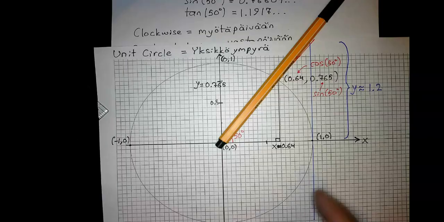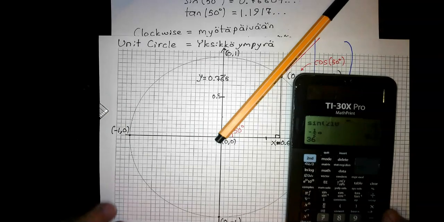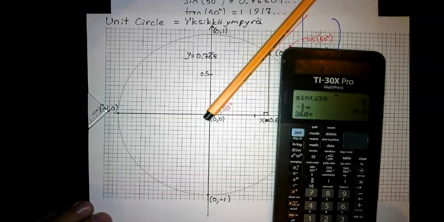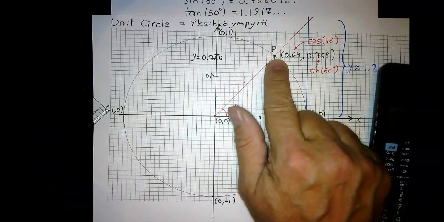So it has rounded 360 plus 50, 410 degrees. So we are again in the same place there.